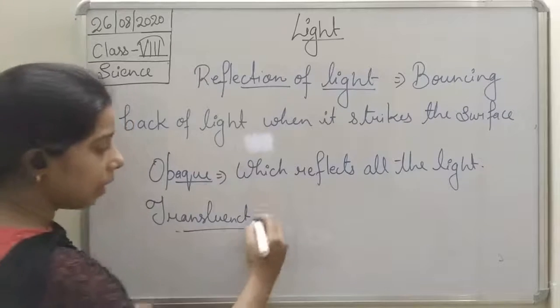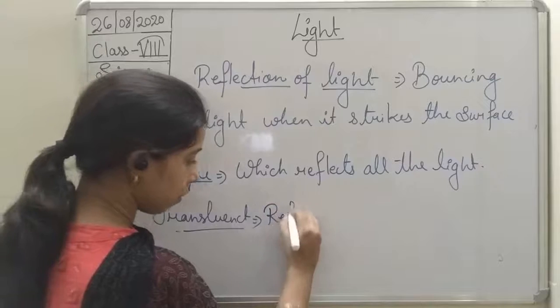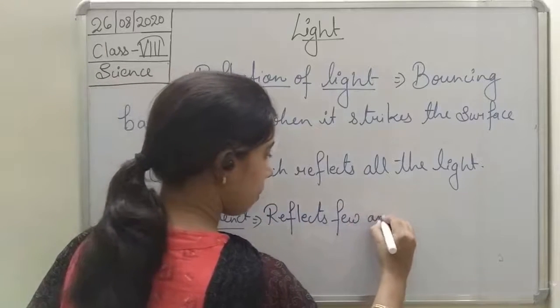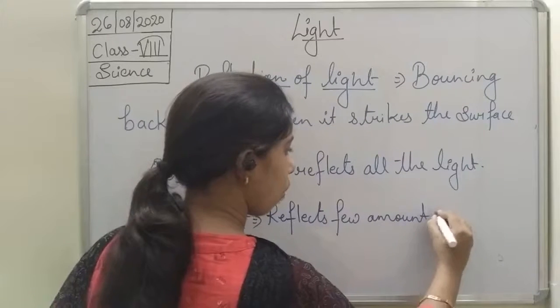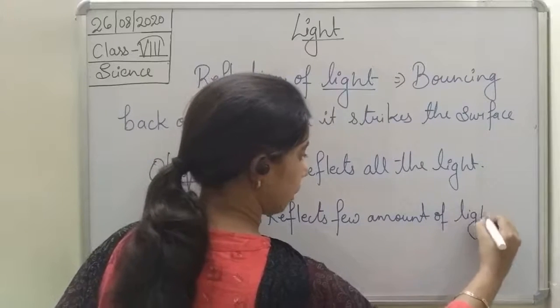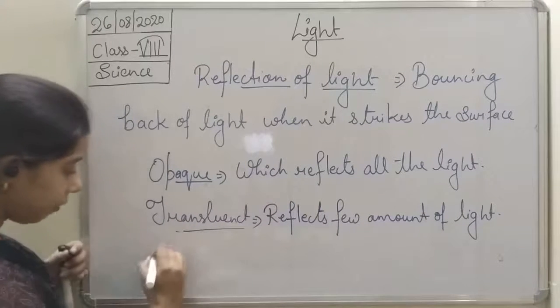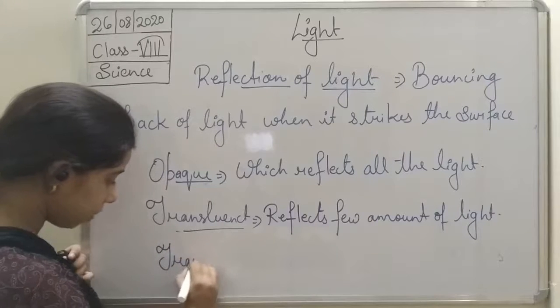So it reflects a small amount of light, that is a translucent object. Now if we talk about the transparent.